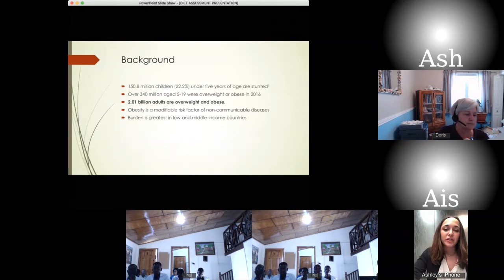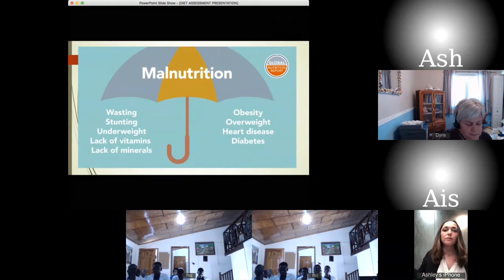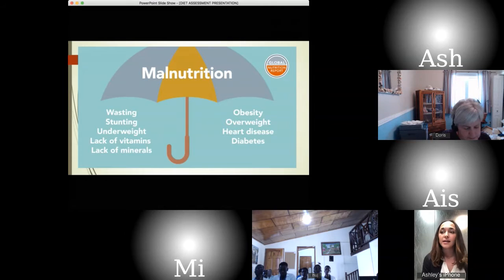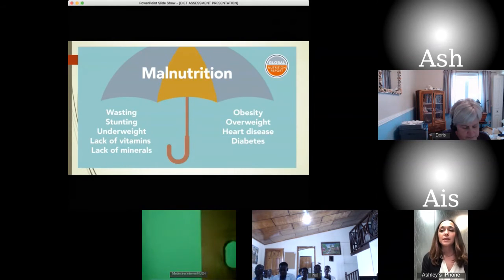And this burden of malnutrition is really more prevalent in some of the resource-poor communities. So there's an umbrella of malnutrition. This refers to deficiencies, excesses, or imbalances in a person's intake of energy and or nutrients. So this malnutrition addresses sort of two ends of the spectrum going on.